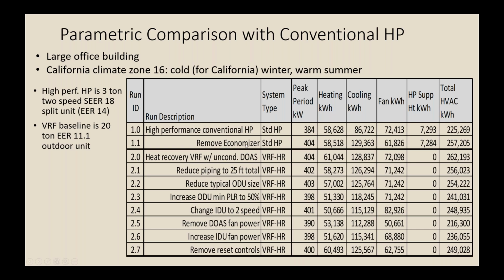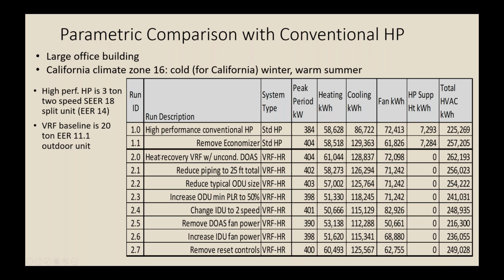But to make it more of a comparable system to a typical VRF system, which typically do not have economizers, we took out the economizer for step 1.1. So this is a conventional heat pump with no economizer, but everything else operating as a typical high performance 2-speed heat pump.